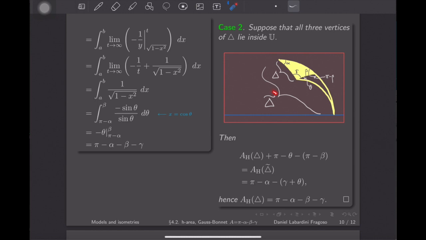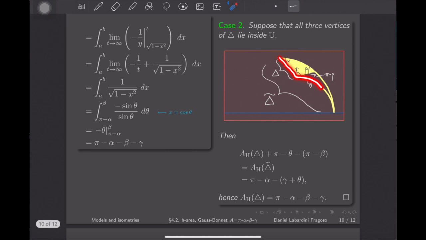And the point is that for this delta tilde, which is the bigger one, I already know that the Gauss-Bonnet formula holds. Namely, I already know that the hyperbolic area of this tilde is pi minus this plus this, right?